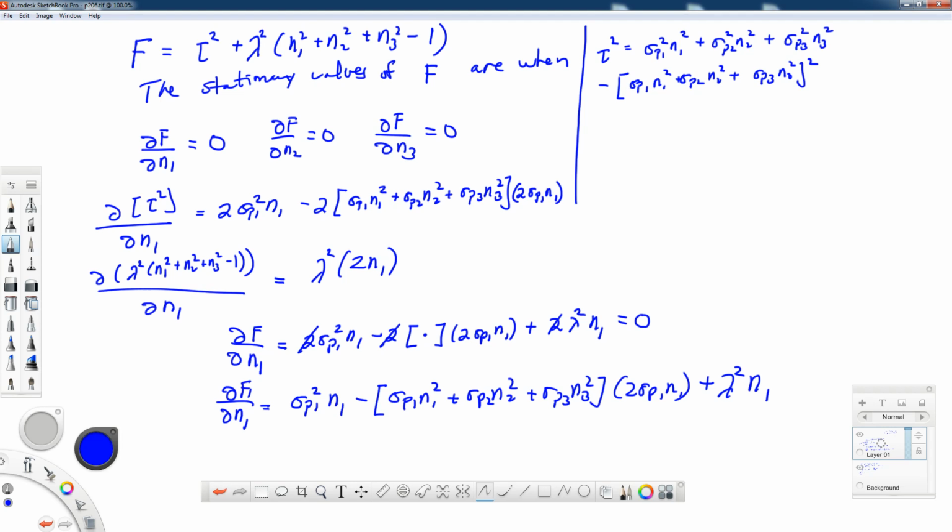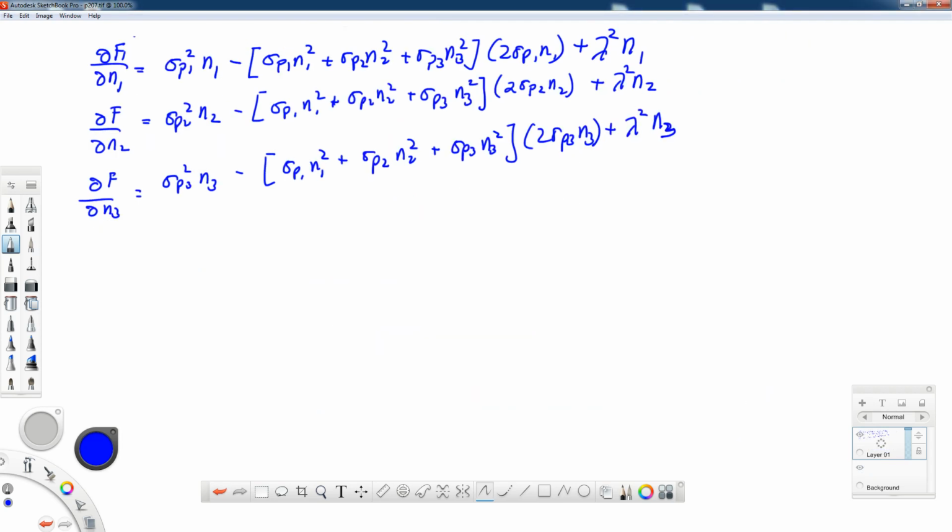Now I can take the partial derivative of f with respect to n2 and n3 and get some very similar equations. Let me write all of these down, and so we have the full set of partial derivatives here.